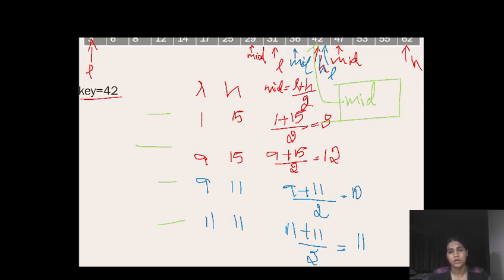So when we use linear search, we need 11 comparisons to find the key. But in binary search, we got it in 4 comparisons. This is how binary search is faster than linear search, and the time complexity of binary search is less compared to linear search.